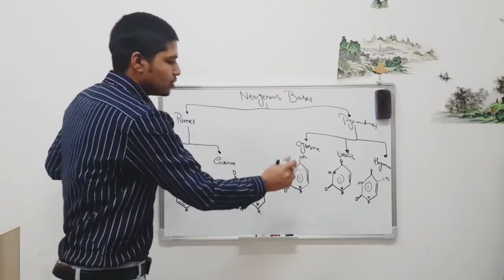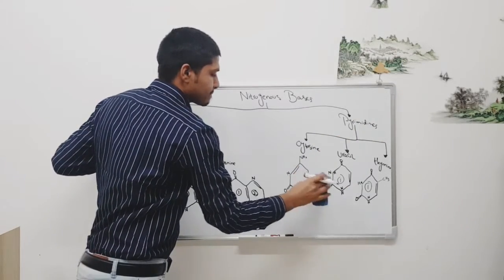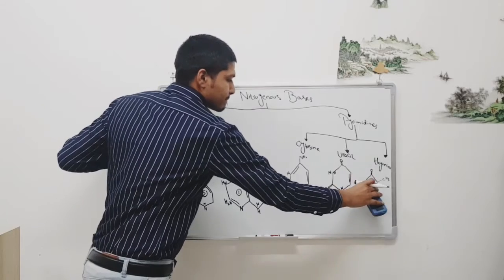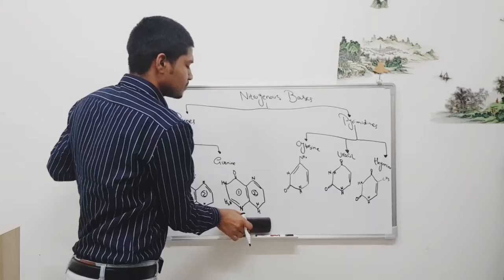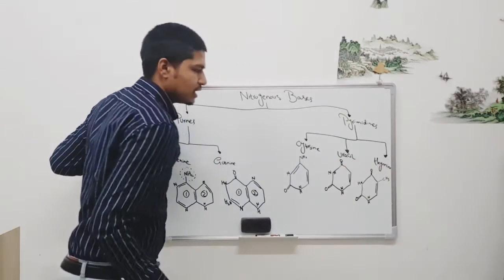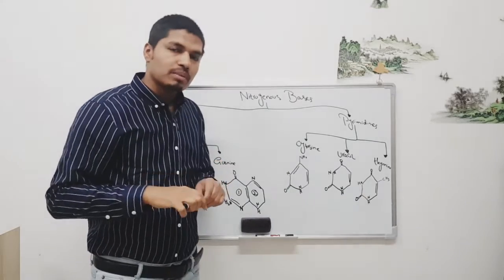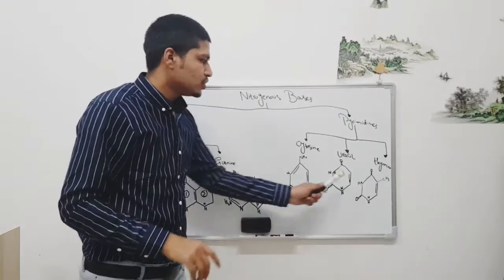Okay, so now look at the pyrimidines: the cytosine, uracil and thymine. The parent molecule, which is made first, is uracil.